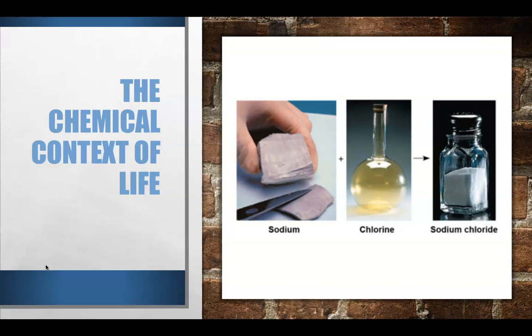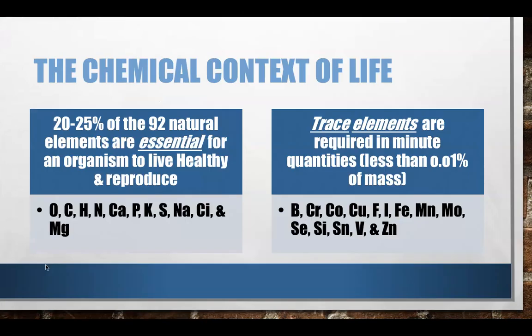So typically what's going to happen with a compound is the properties are going to change once they come into a fixed ratio with another element. Sodium has properties, chlorine has properties, but sodium chloride has a completely different set of properties. So chemical bonds are going to change the properties of elements to compounds.